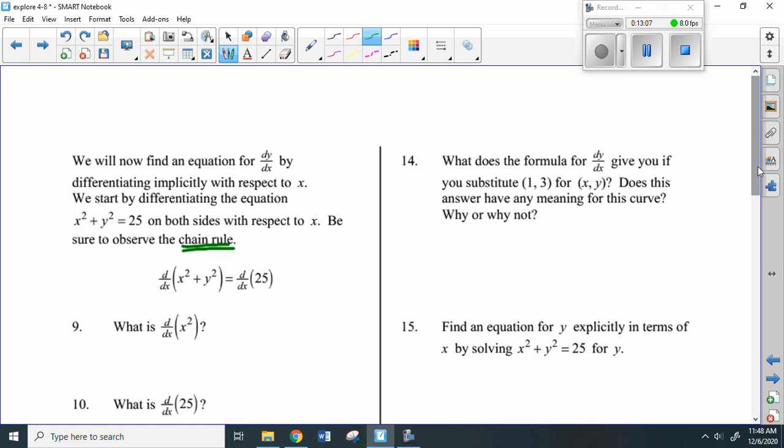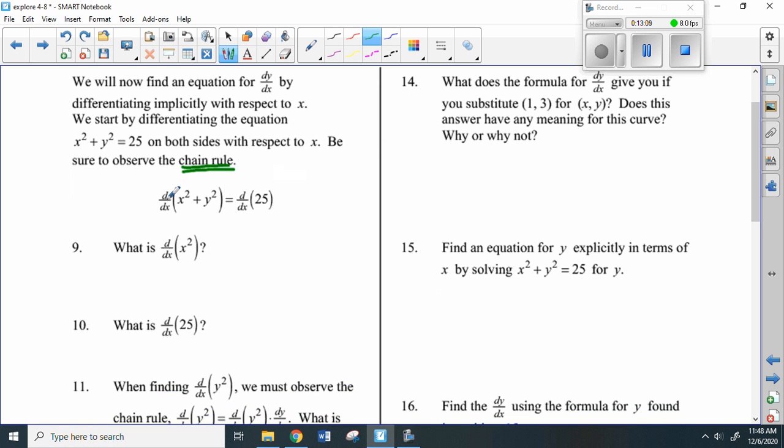Okay. All right. So let's first just take the derivative of the left and we're going to do it in pieces. So the derivative of x squared with respect to x, since it's an x, we take the derivative, it's just 2x. And then technically the chain rule would be times the derivative of x with respect to x, so times dx over dx, which is 1.